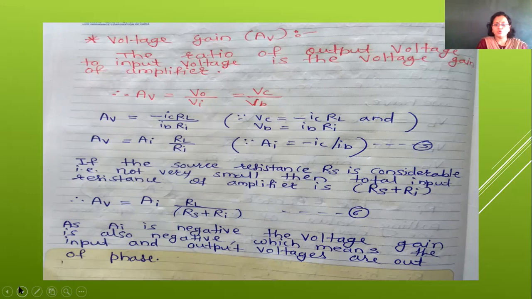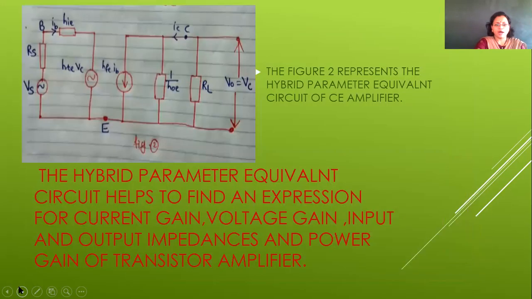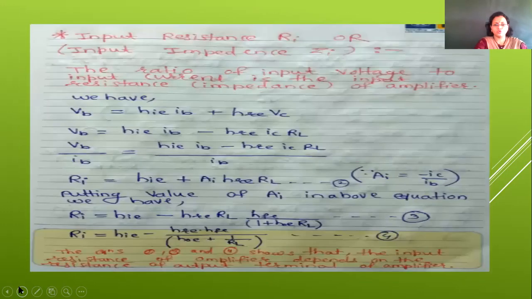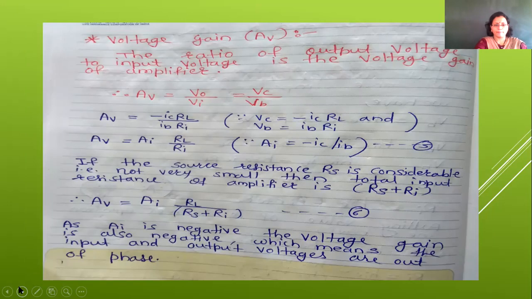Now look, if the source resistance RS is considerable, that is not very small, then the total input resistance of the amplifier is RS plus RI.